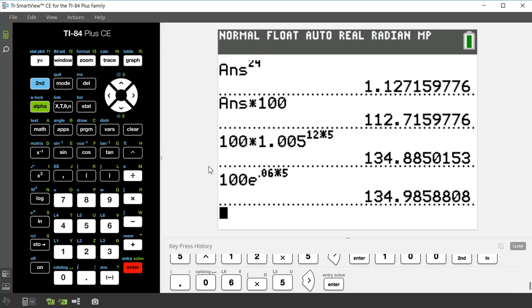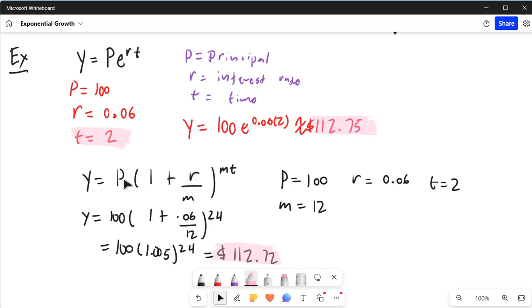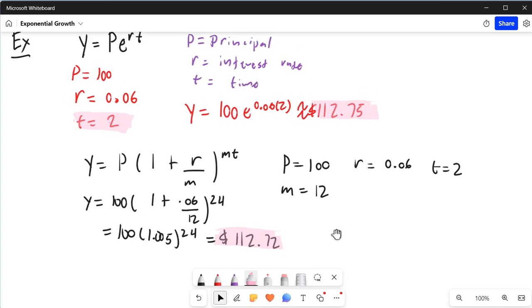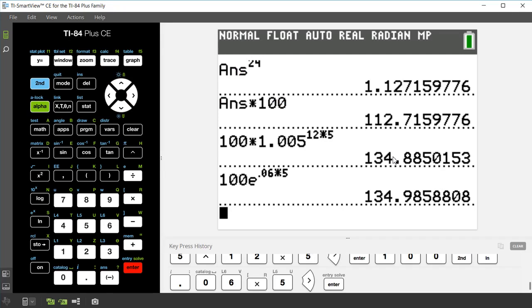So even if we were to use growth compounded on a daily basis, the amount will not exceed essentially what we found here. It will not exceed 134.99.